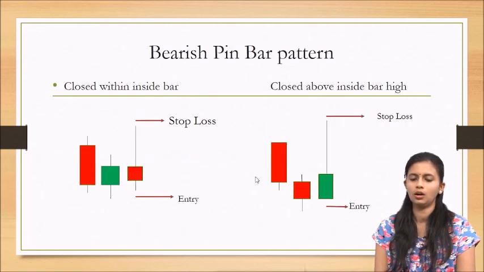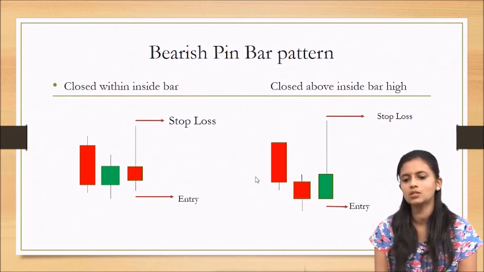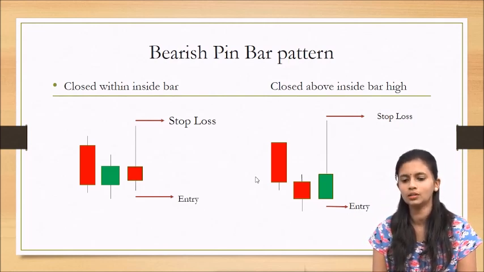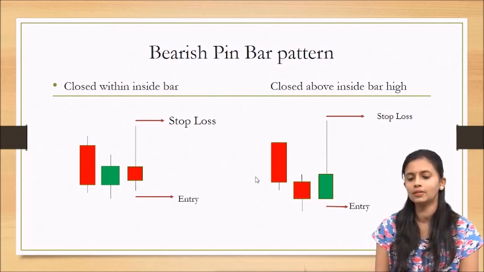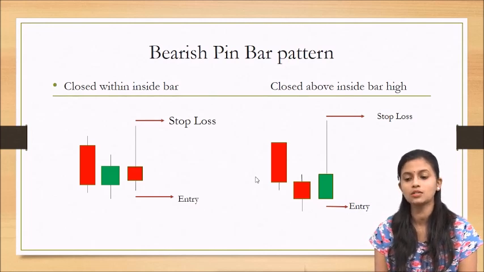Now here you can see, as I already told, the bearish pin bar pattern. This pattern is usually found in patterns like double top or double bottom, or wherever you find resistance lines and support lines, the chances of these types of patterns coming in is more.